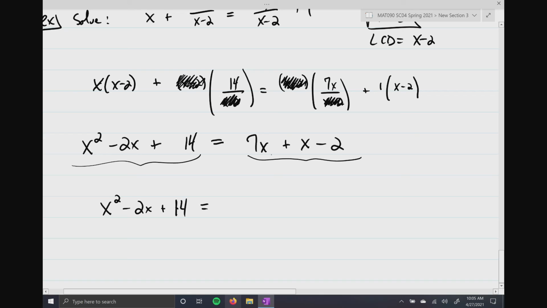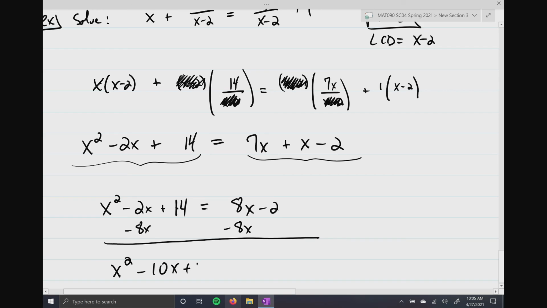On the right, 7x plus x is 8x minus 2. Now, I will subtract 8x from both sides. That gives me x squared minus 10x plus 14 equals negative 2.